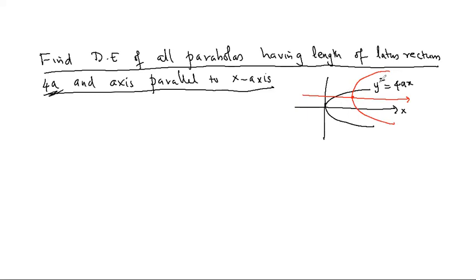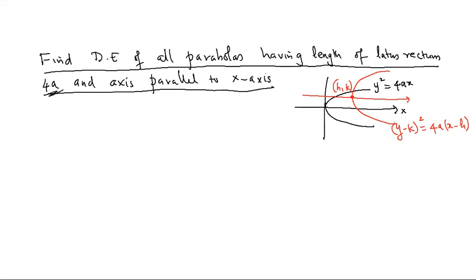It will have the same length of latus rectum as this. Only difference is its vertex will be at some other place. So I can say the equation of this red parabola will be y minus k the whole square is 4a into x minus h.